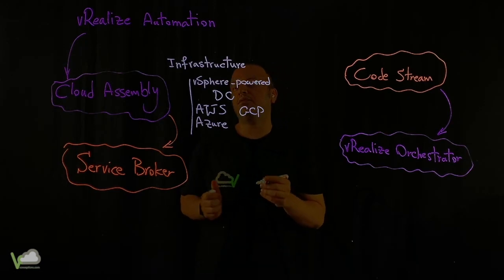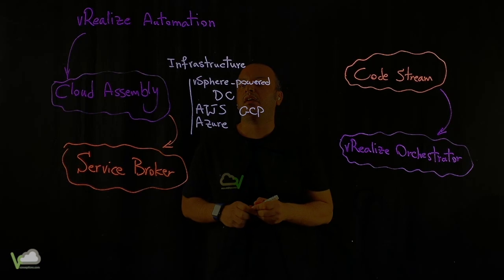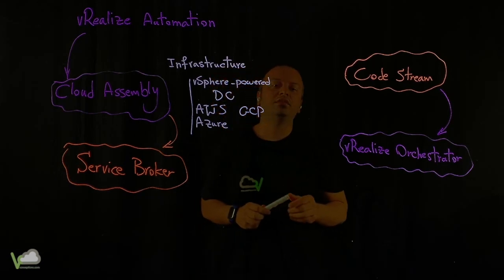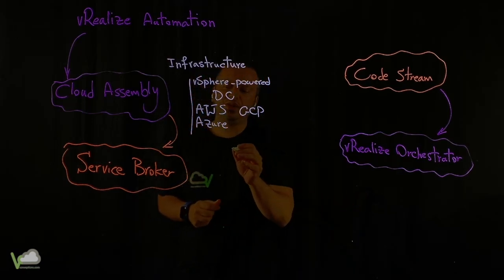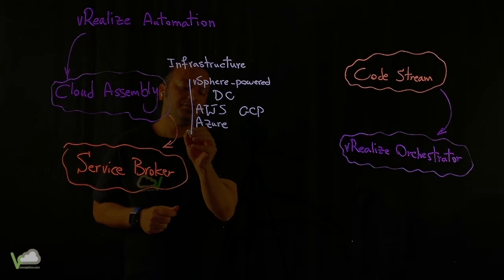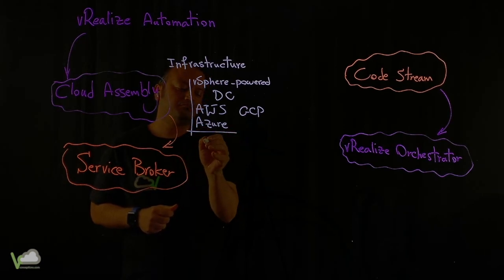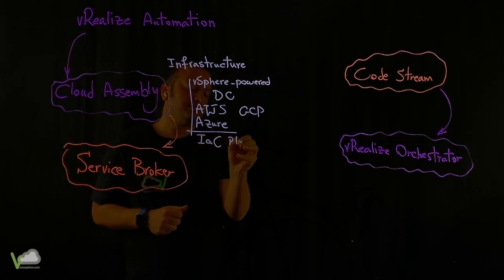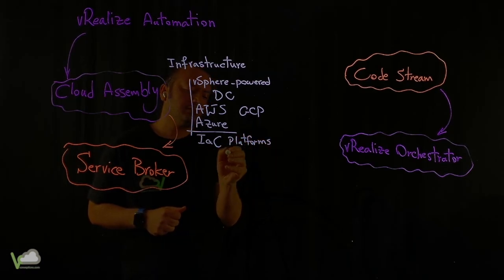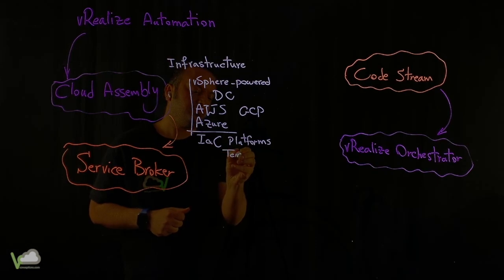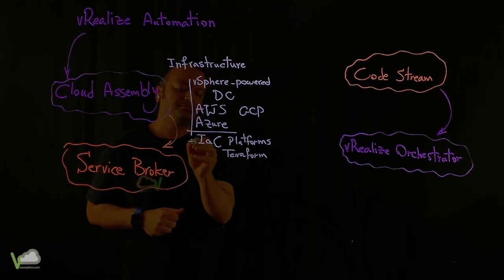So you have all the infrastructure, all the resources here, and within Cloud Assembly, you can get it ready to be used. There are some other components here that you can configure, like infrastructure as code platforms, like Terraform, and also configuration management software like Ansible.